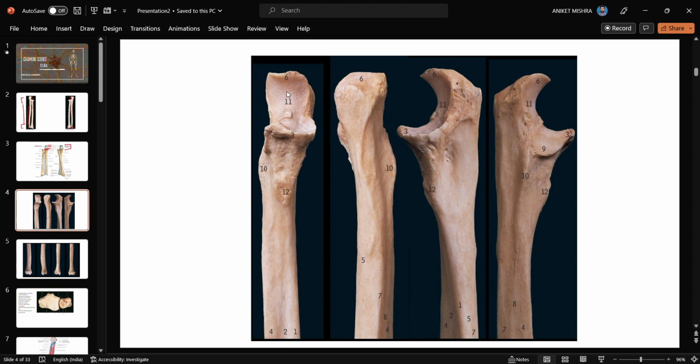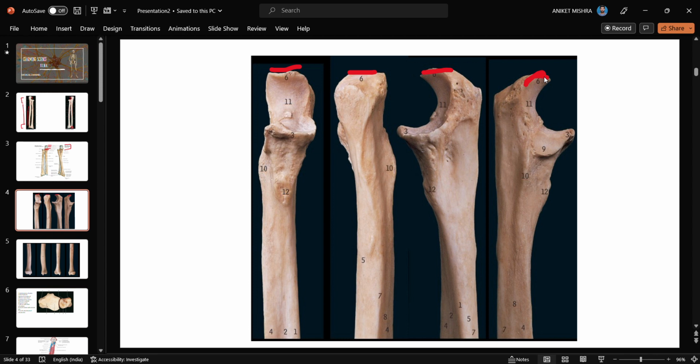When we see the ulna, there is the olecranon process. This is the anterior view, this is the posterior view, this is the medial view of the olecranon process, and this is the lateral view. It has an anterior surface, and the anterior surface is articular.